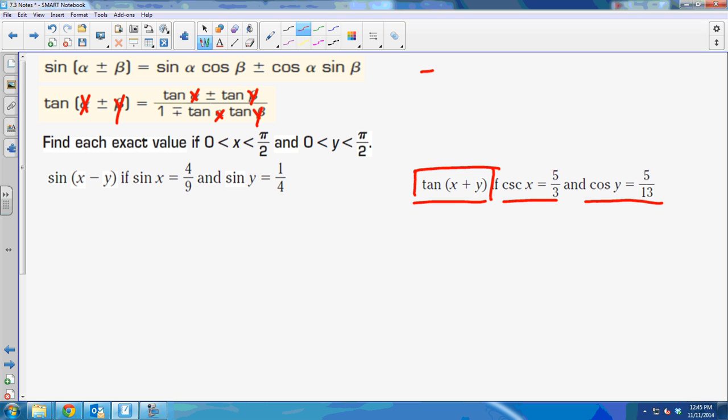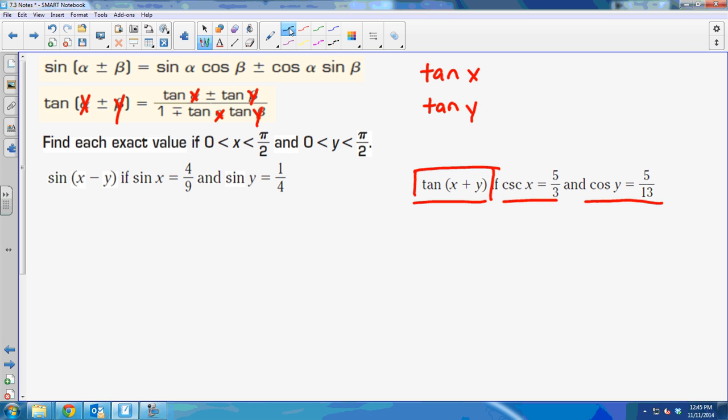So I need tangent x and tangent y to do this problem. Is everyone in agreement about that? Okay, now, there's two different things going on. So first one, I've got cosecant x. Cosecant is not related to tangent in any identity. Cotangent is, all right?